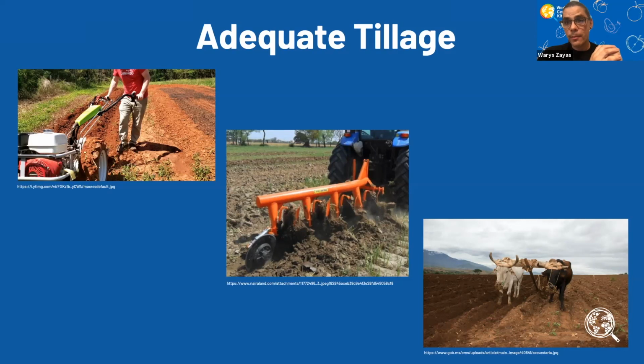Okay, for example, where the slopes are really heavy, the best traction you can use to plow the soil is animal traction. Oxen are really helpful with this.